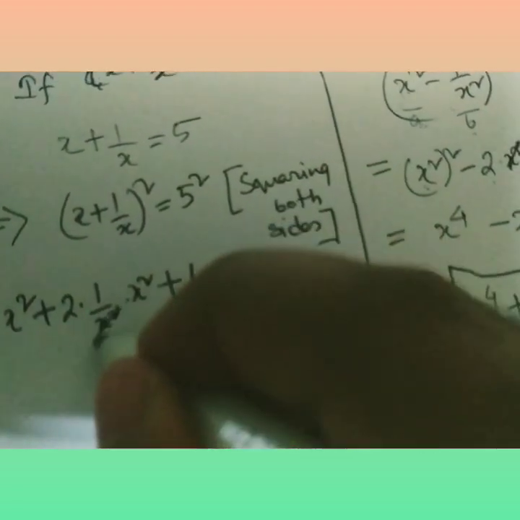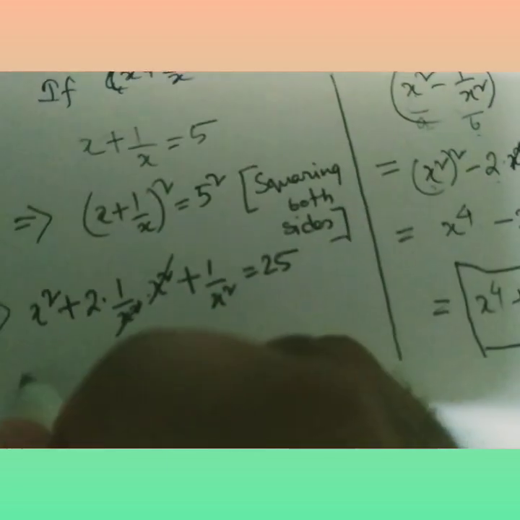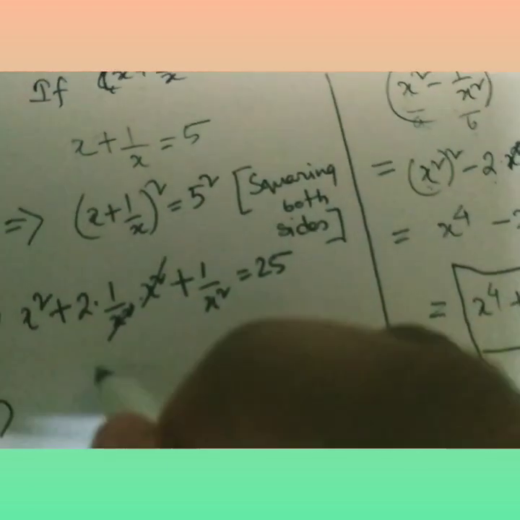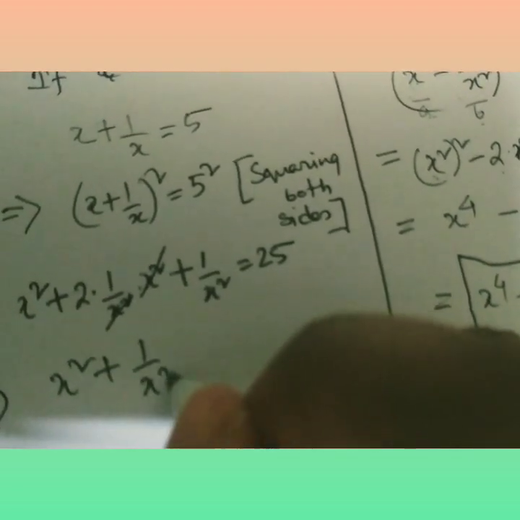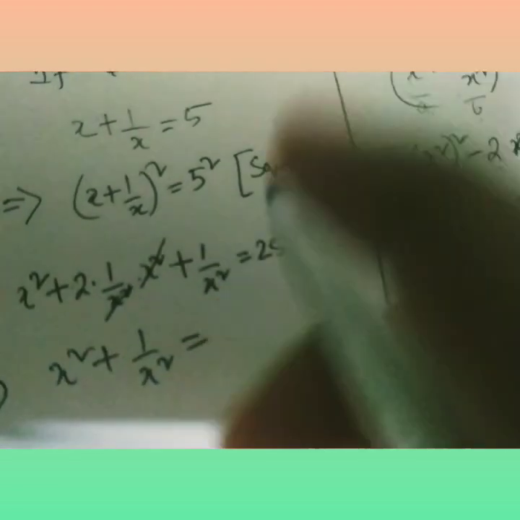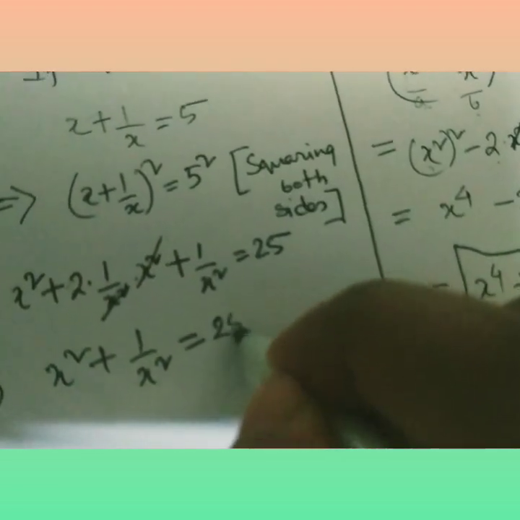Okay, this x gone, this x gone. So we can write x square plus 1 by x square equals, this 2, if I transfer it over here to the right side, it becomes 25 minus 2.